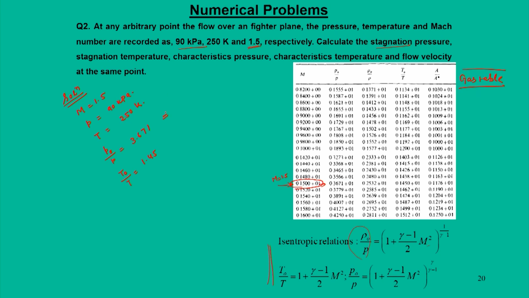So, this will give you P naught as, you know P, so P naught as 330.4 kilopascal. This will give you T naught as 362.5 Kelvin. So, this is the stagnation value of flow property corresponding to this static value. So, this is static and this is stagnation value.